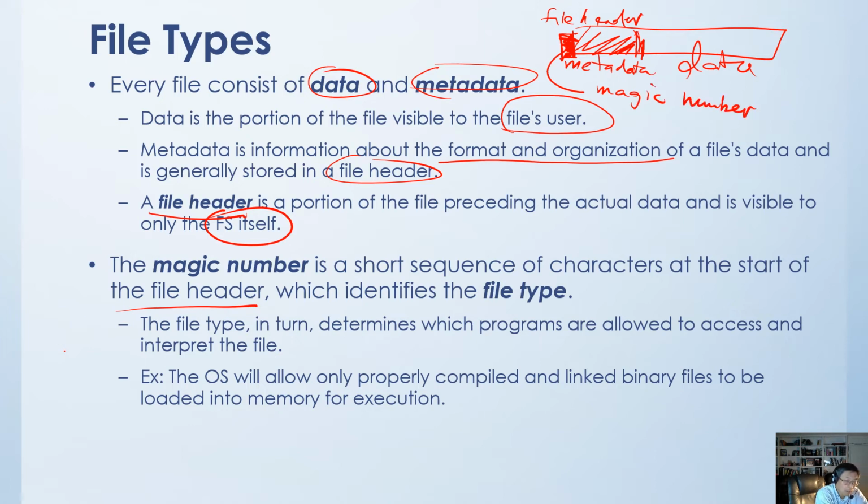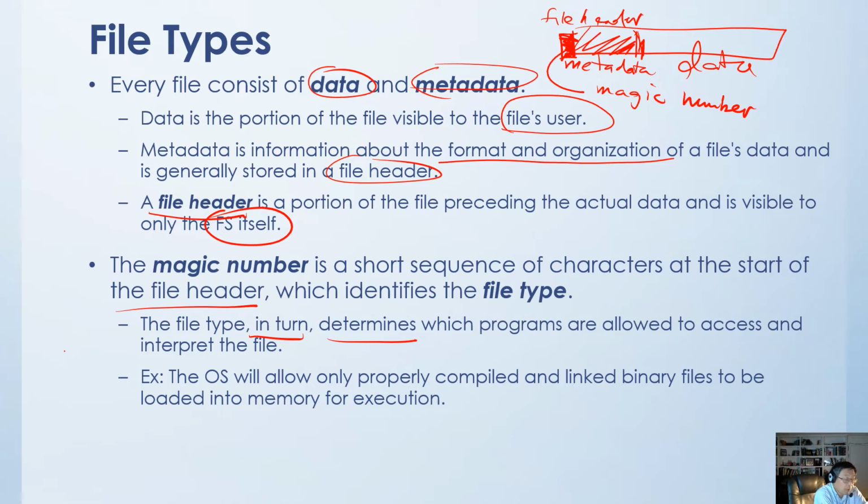Now, different file types have different magic numbers. The file type in turn determines which programs are allowed to access and interpret the files.